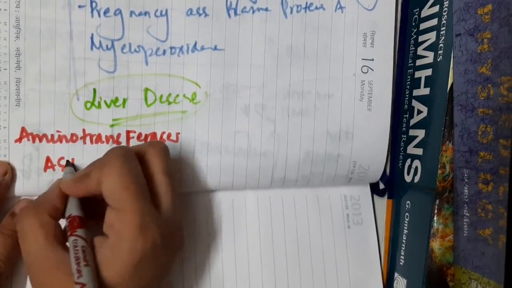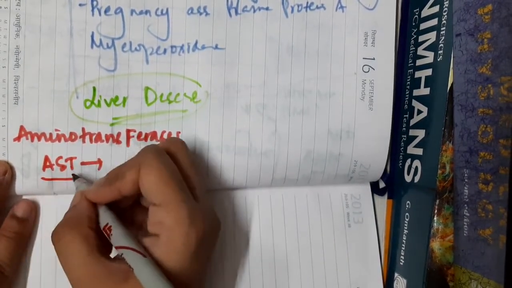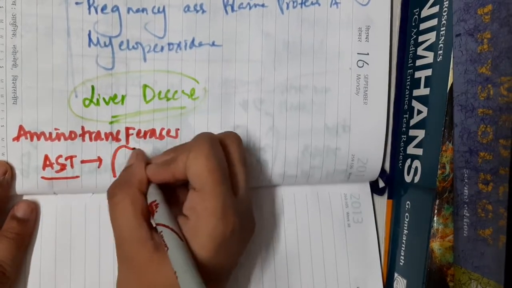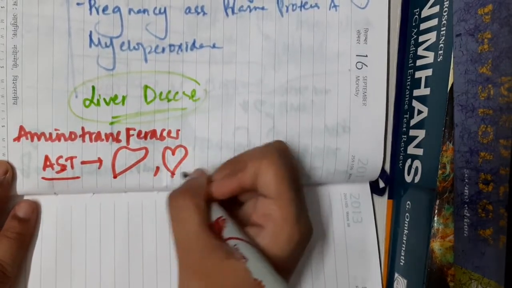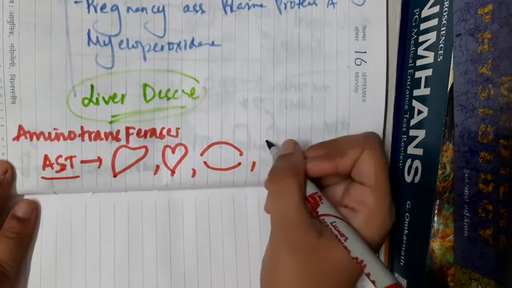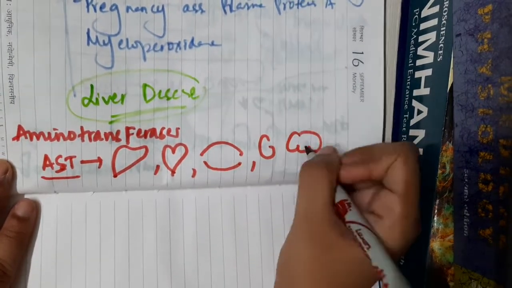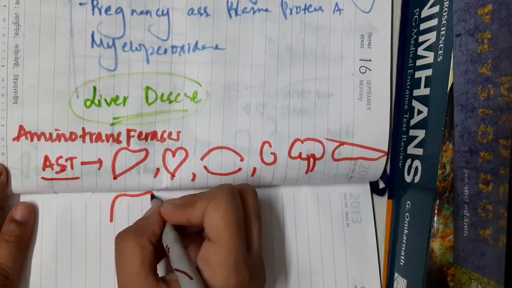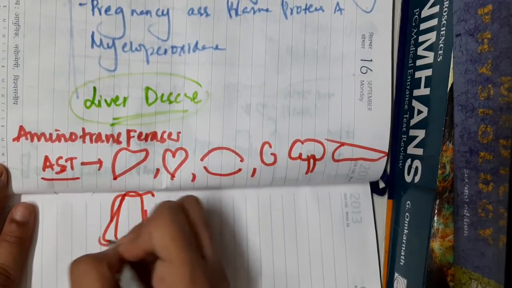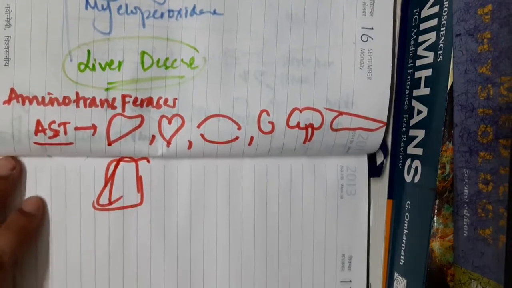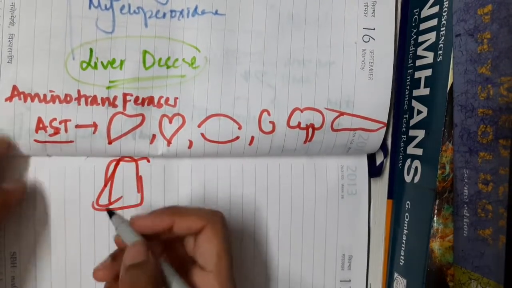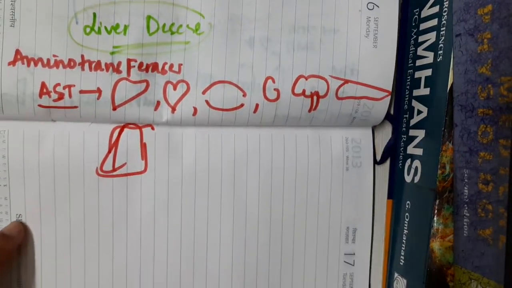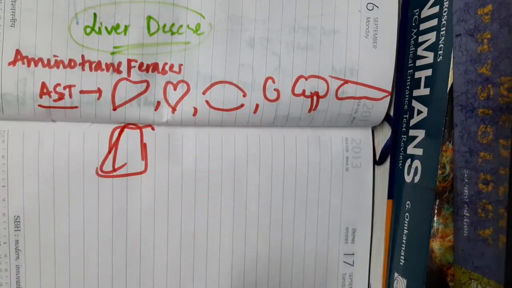AST is aspartate transaminase, which is present in liver, cardiac muscle, skeletal muscle, kidney, brain, pancreas and also lungs. So an increase in AST can be due to any of these.